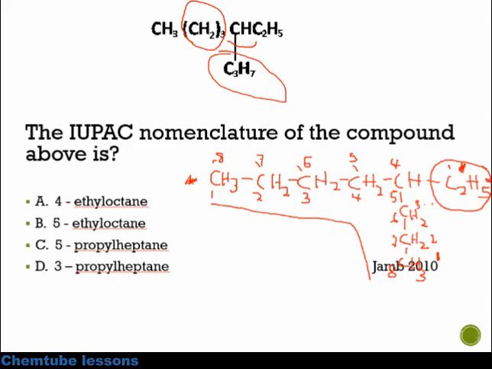So you want the substituent to have the lowest number possible. Let's write out the substituent: we have 4, the substituent is ethyl, and then you name the main chain, which has 8 carbons, so it becomes 4-ethyloctane. So the answer to that question would be A, 4-ethyloctane.